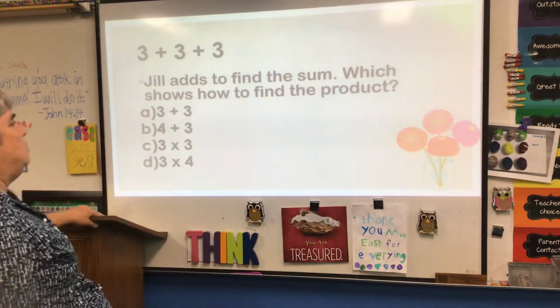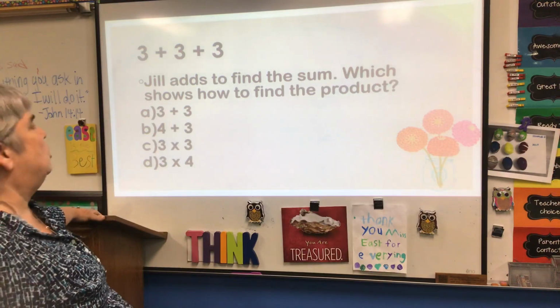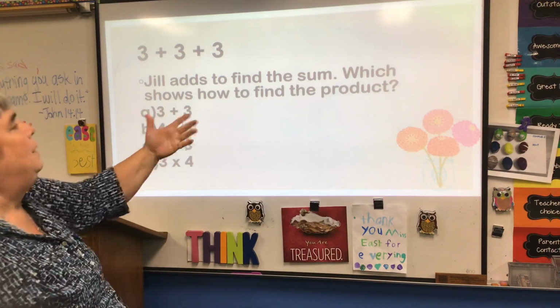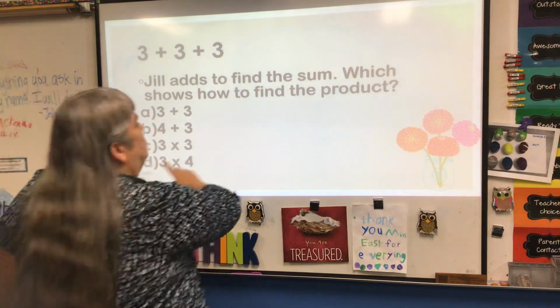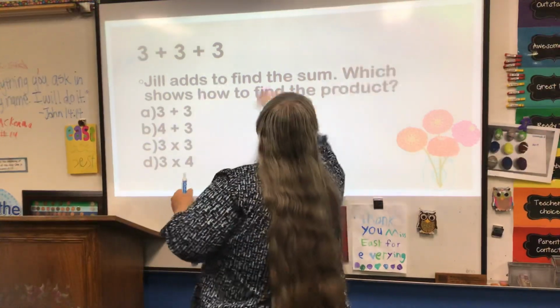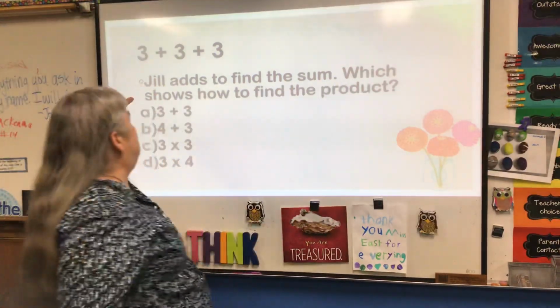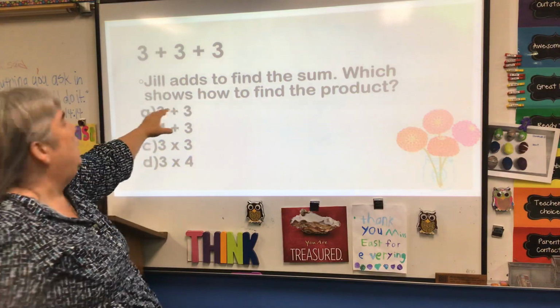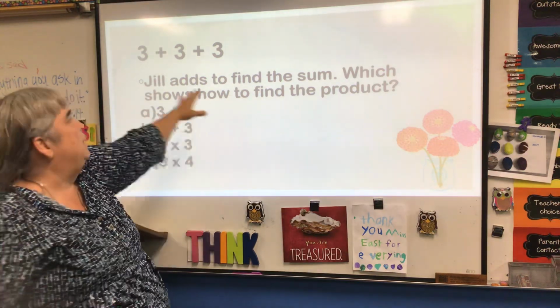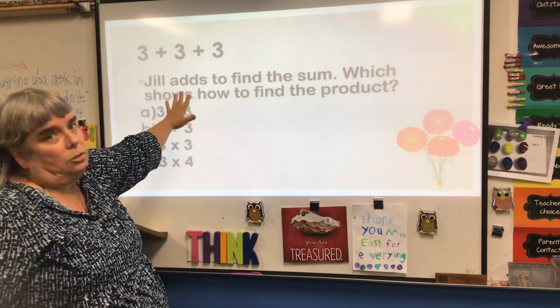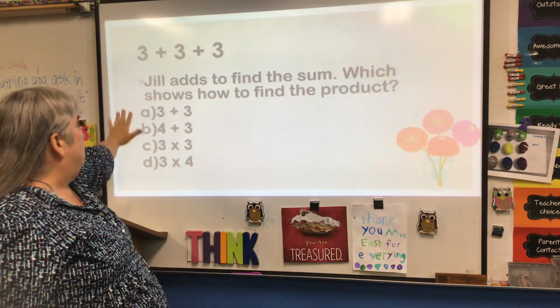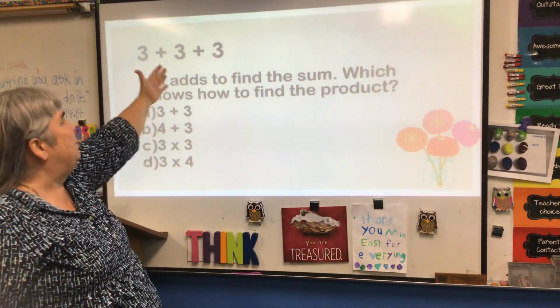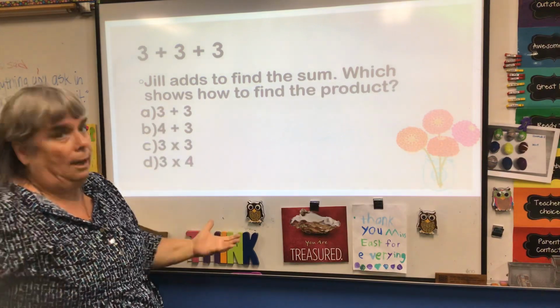Okay, Jill adds to find the sum, which shows how to find the product. This question is identical to one of the questions you'll have on the test. So don't get confused by this. Yes, this is adding, and we know that the word sum is the answer to an addition problem. So 3 plus 3 plus 3 equals 9.